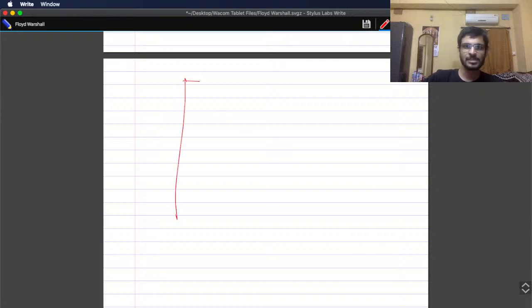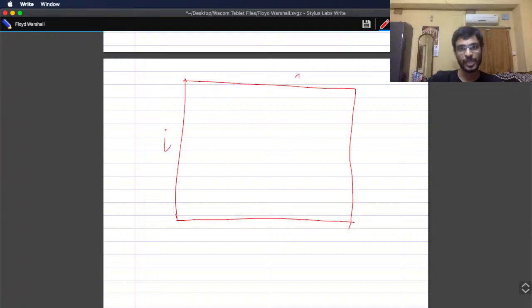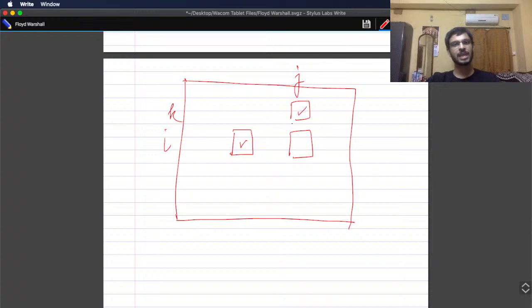I can face this kind of a situation that when I am filling it for I to J, it can happen that I'm using something like I to k, this value, plus k to j, this value, and it might happen that these values have got updated, right?